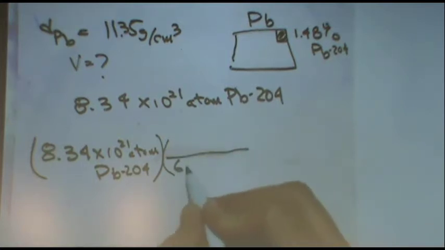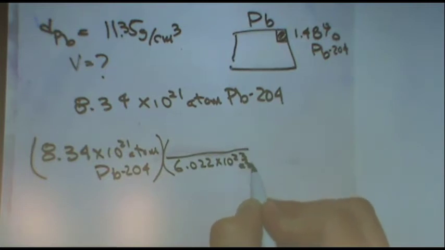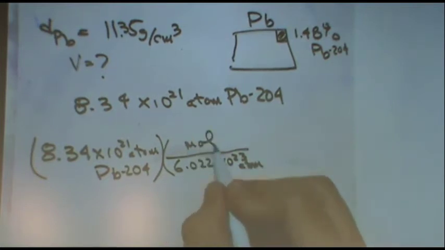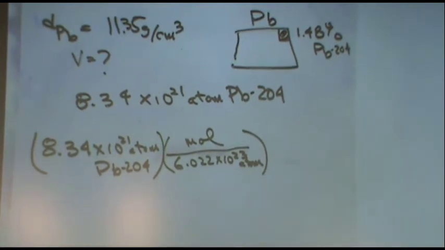Avogadro's number, 6.022 times 10 to the 23. This number will be given to you on the exam if you don't have it memorized already. Now, I would like to go to mass. Normally, how would you do that? Molar mass. I don't have the molar mass of lead 204 specifically. I have the molar mass on the periodic table of the mixture, the whole thing.